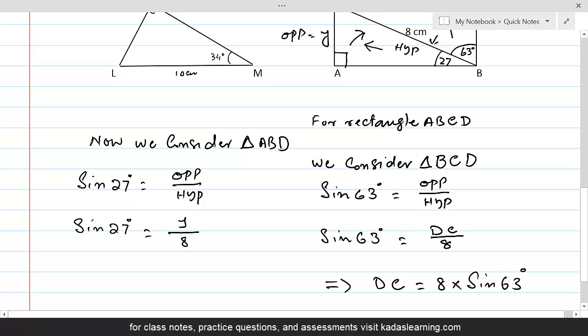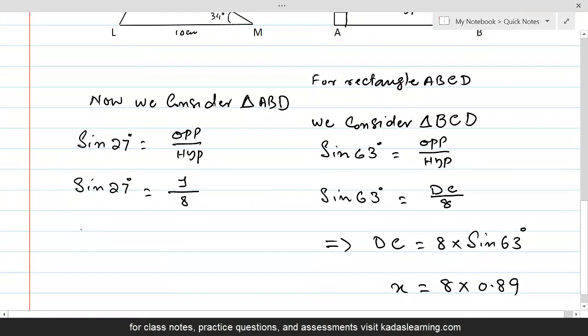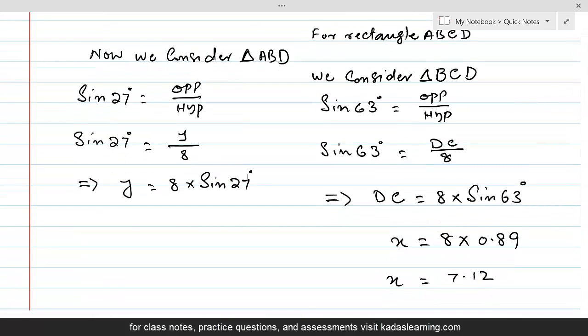This means Y is equal to 8 times sine 27 degrees, and the value for sine 27 degrees is 0.45. This will be 8 times 0.45.